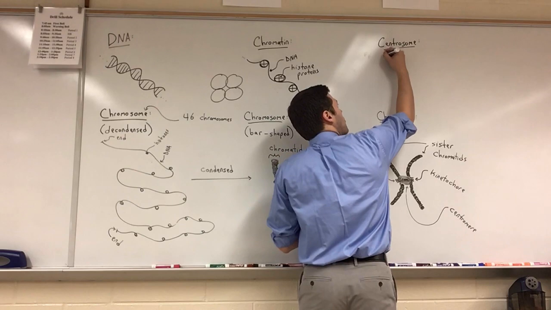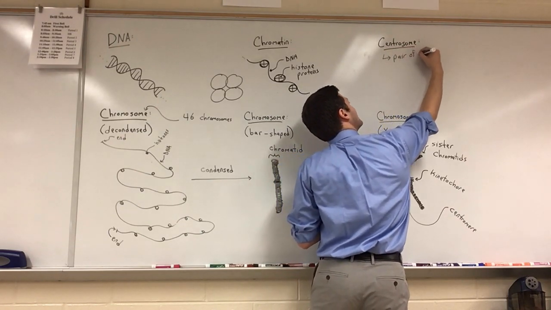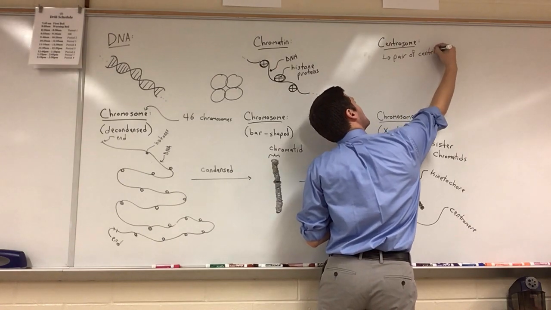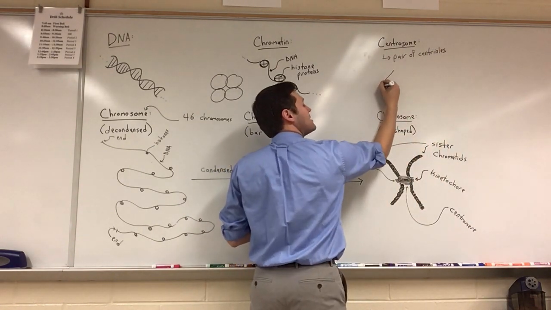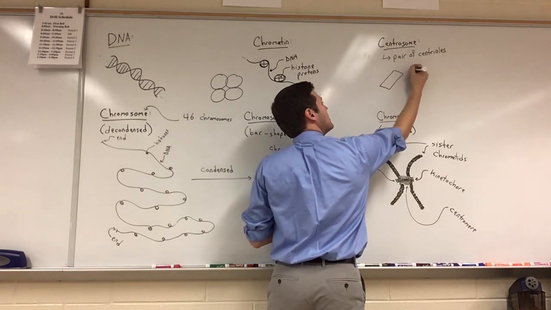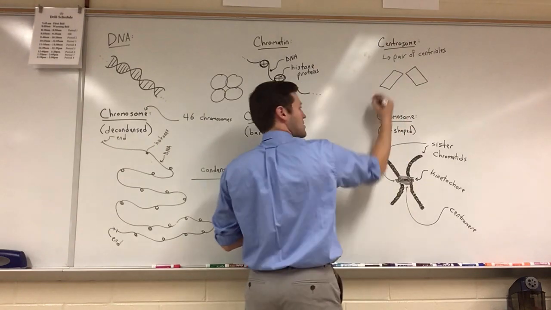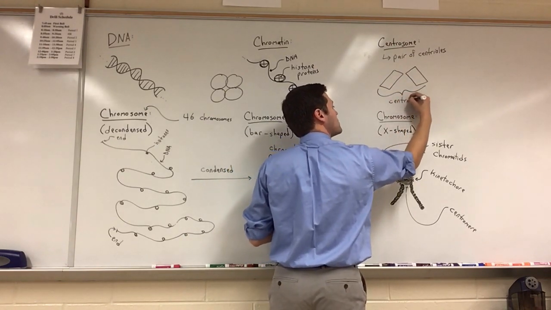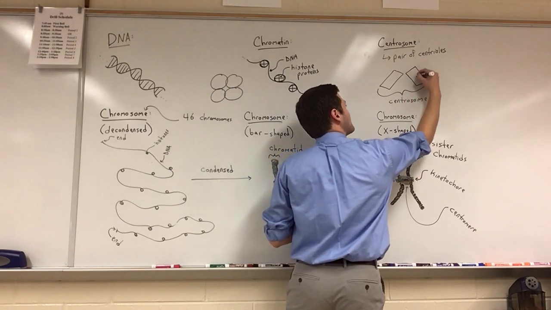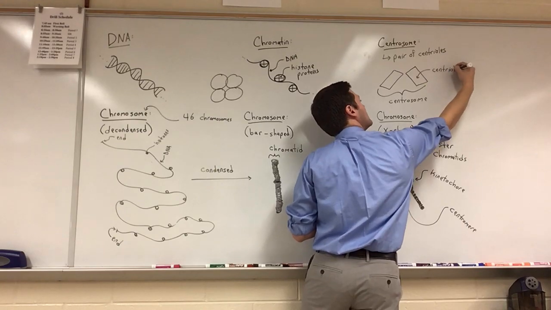A centrosome is a pair of centrioles. I'm going to depict that as two rectangles. So I'll say this is a centrosome. This right here is one centriole.